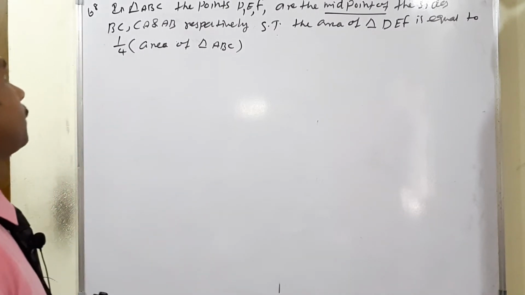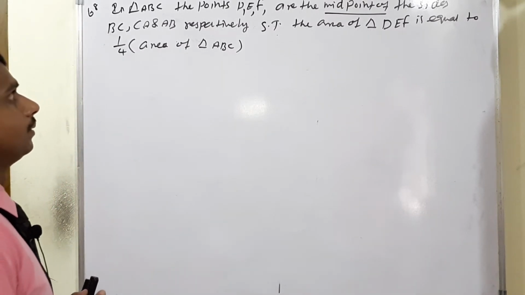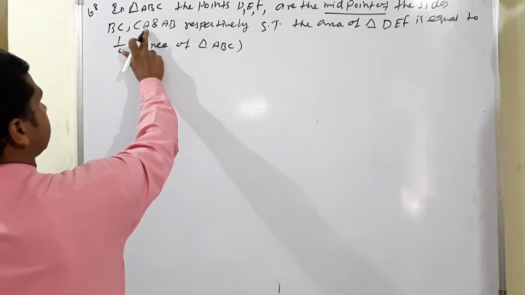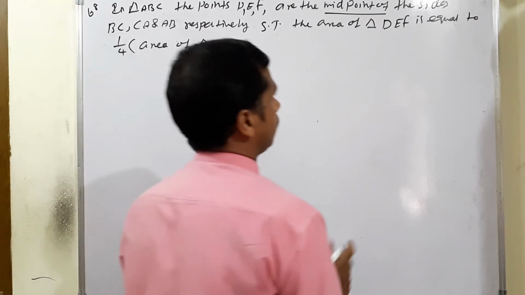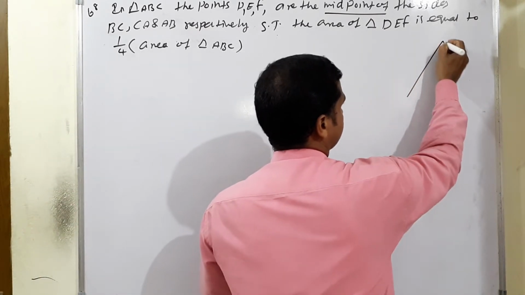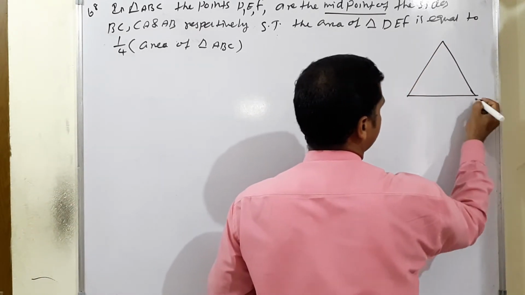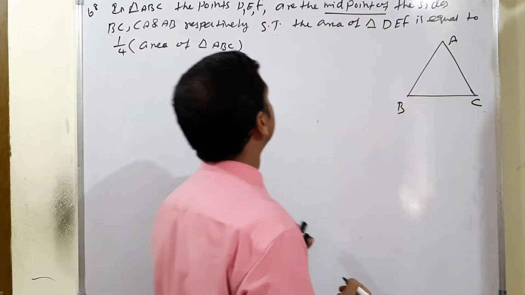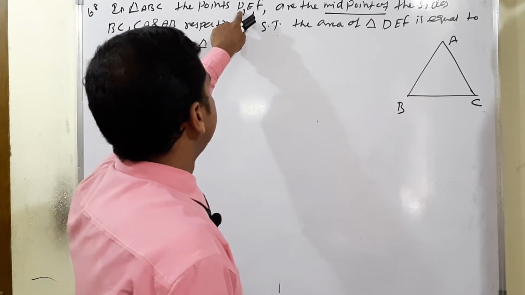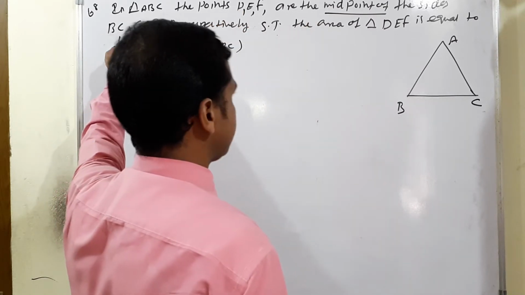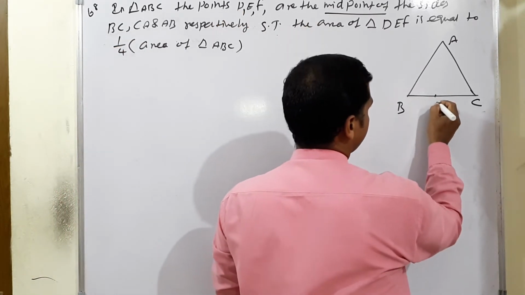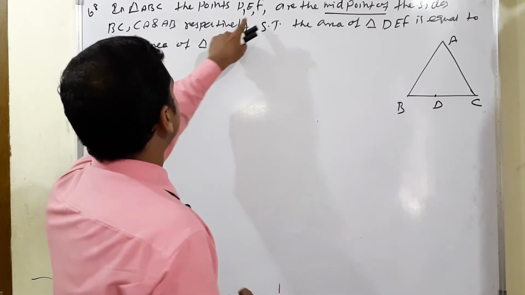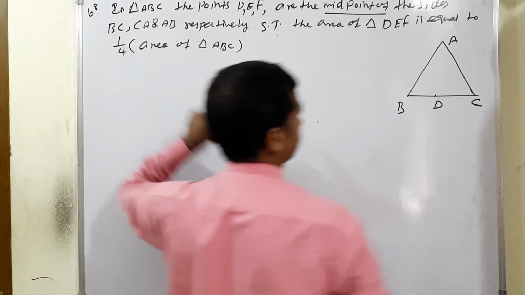Question: in triangle ABC, the points D, E, F are the midpoints of the sides BC, CA and AB. Look at there. Consider one triangle A, B and C. D is the midpoint of BC. Second one, E is the midpoint of CA.